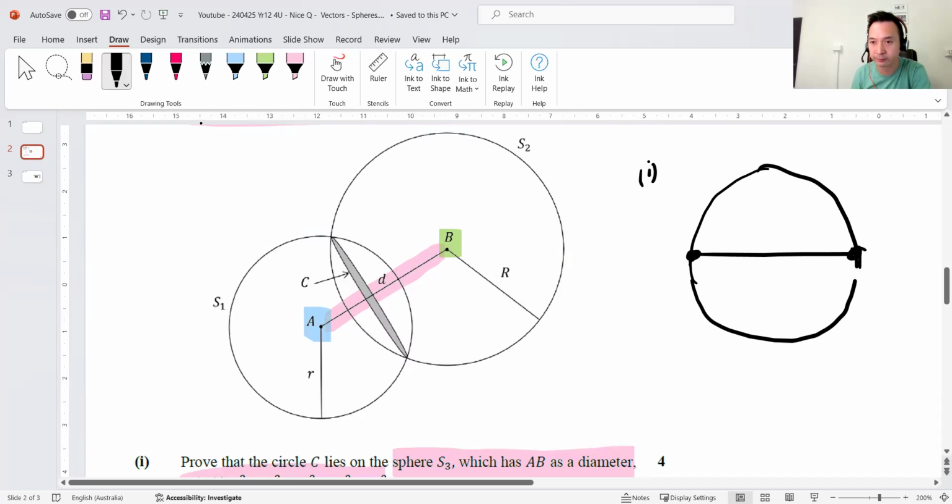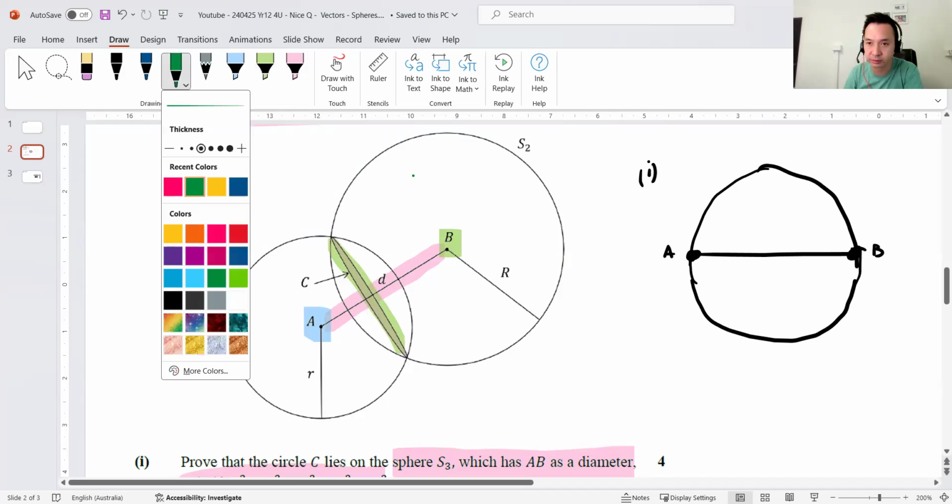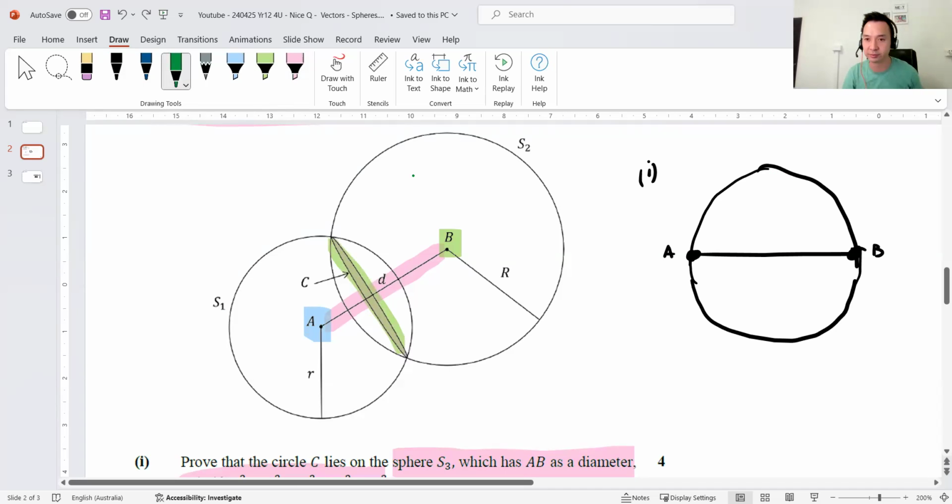So I've got AB, this is A, this is B. And there's a circle, sort of looking like this here. I'll just draw a circle where it just touches it. We can assume that it just touches for now.